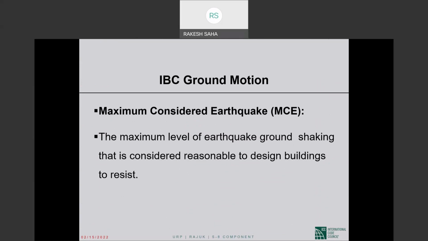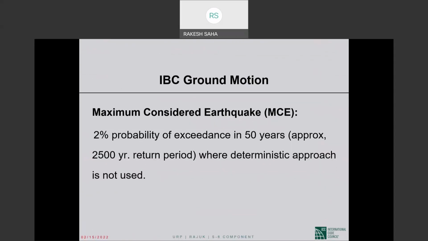This, I pointed out, is not very useful as a definition because of the word reasonable in there. It is a kind of declaration of principle. The definition that was built around that declaration of principle is that the maximum considered earthquake is the 2500-year return period earthquake, 2% probability of non-exceedance in 50 years.